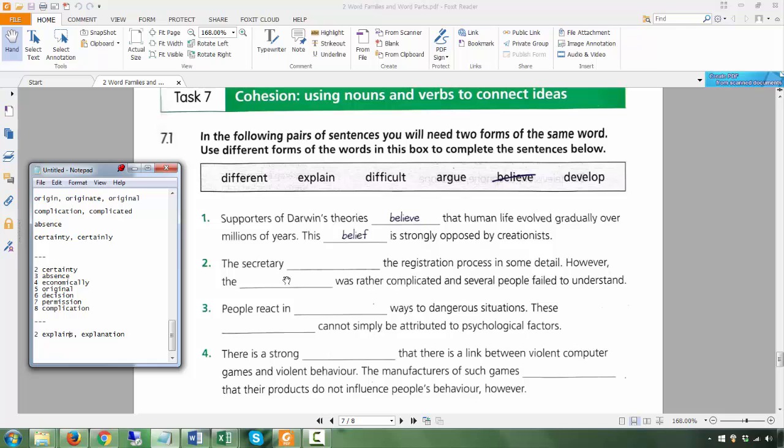That means, what is the meaning of present simple tense? And I talk about this in the tenses in the videos. The use of the present simple tense is when something happens regularly. Okay, so if you say, every day the secretary explains the registration process in some detail to people at the counter or whatever it may be.